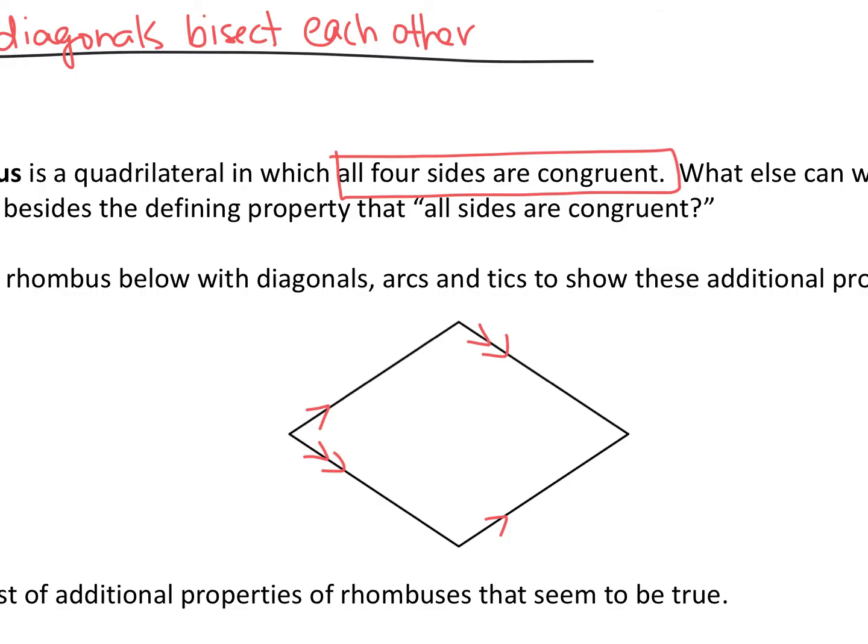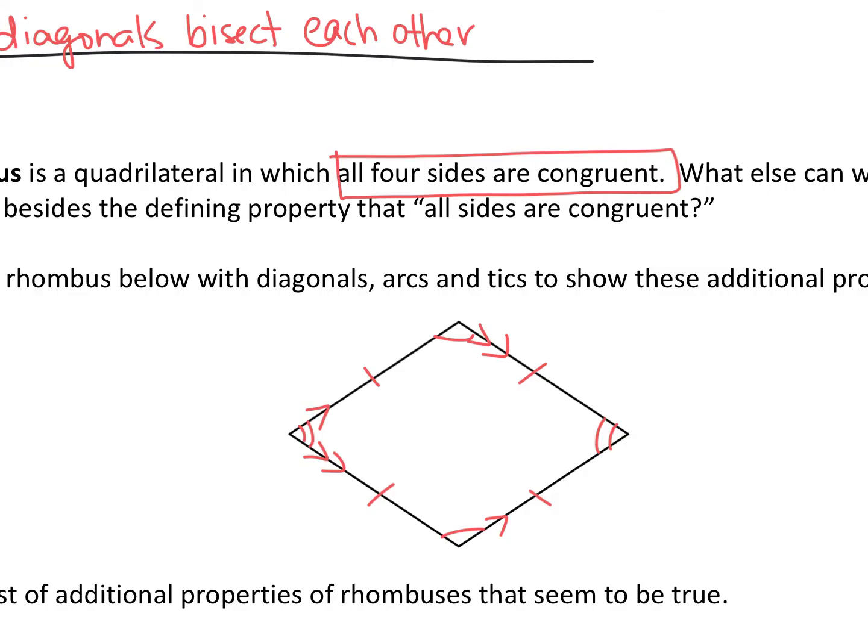We could also say opposite sides are congruent, but a more correct phrase would be all sides are congruent. What else can we say? Let's talk about angles. So this obtuse angle right here is going to be congruent to this obtuse angle. This acute is going to be congruent to this acute.